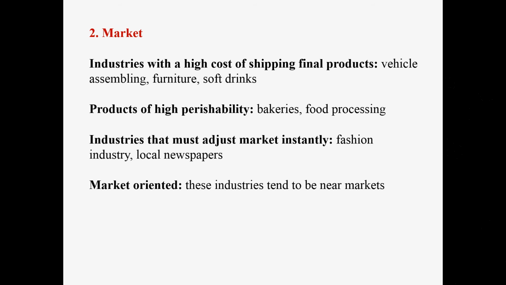So all these industries, the industries with high shipping costs of a final product, the industries involving products with high perishability, and the industries that have to quickly, swiftly adjust to changes in the market, these kinds of industries should be close to the site of a market. So we call them market-oriented industries.